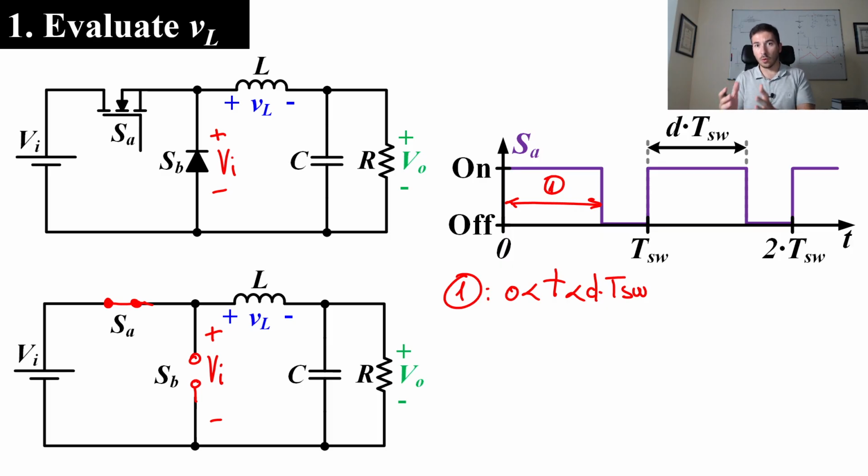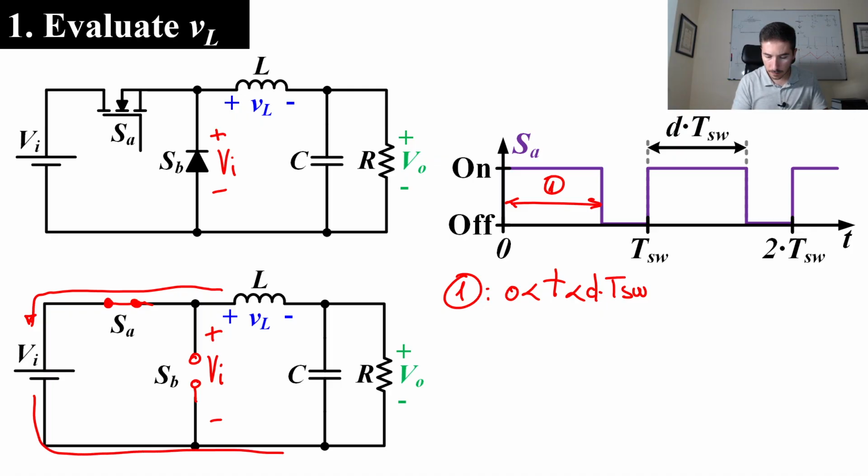Now we can try to obtain the expression of the voltage across the inductor in this state. In order to do that, I will apply the Kirchhoff voltage law. I will follow this path and we will express the inductor voltage as a function of VI and VO.